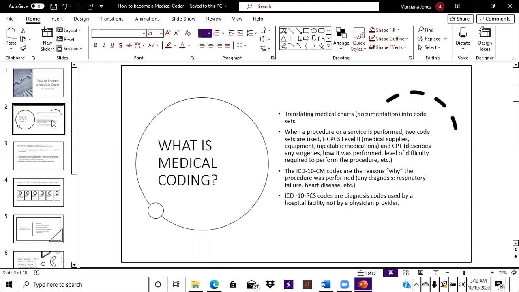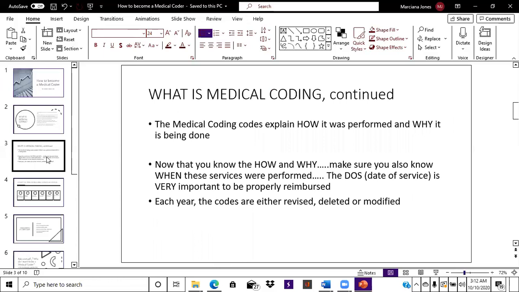The ICD-10 code tells the reason why you're getting this procedure or why the doctor is performing this surgery or service. And the HCPCS and CPT codes just let you know about the procedure or the service. So the codes explain how it's performed and why it was being done.